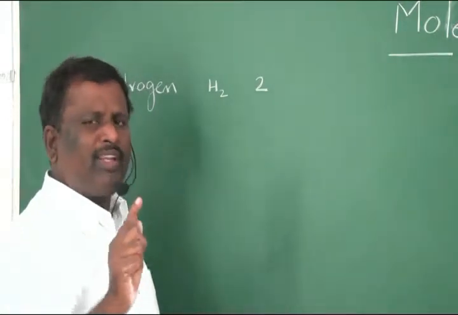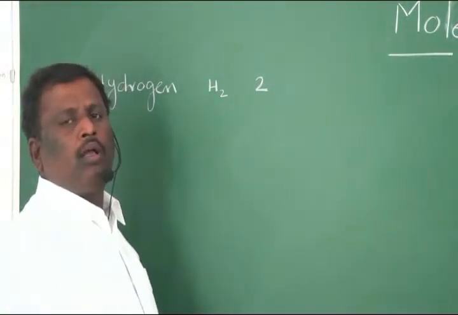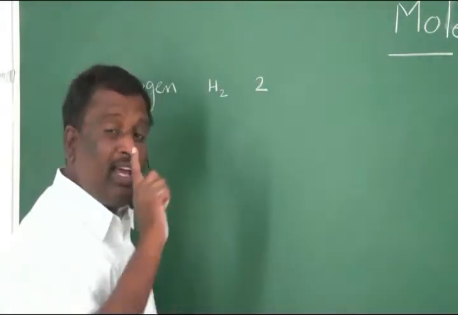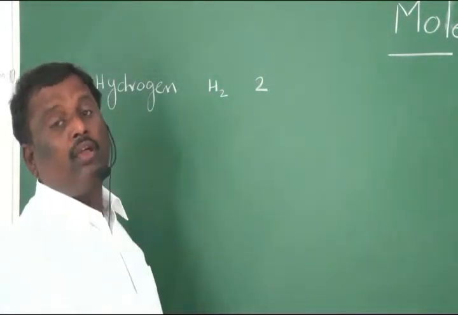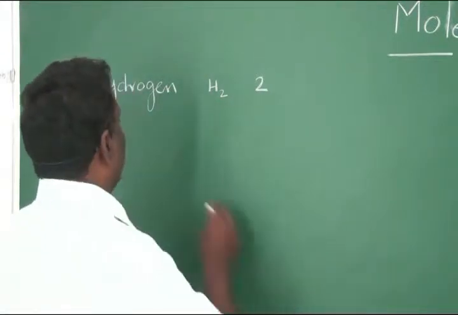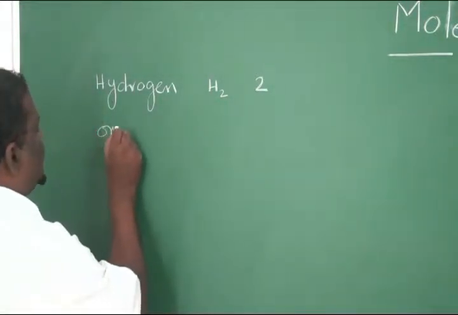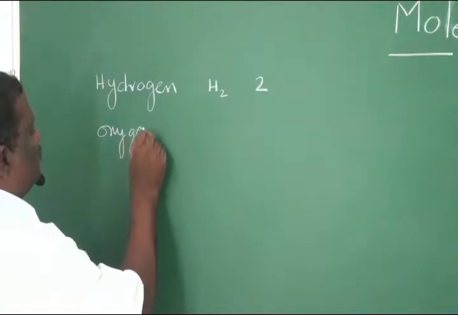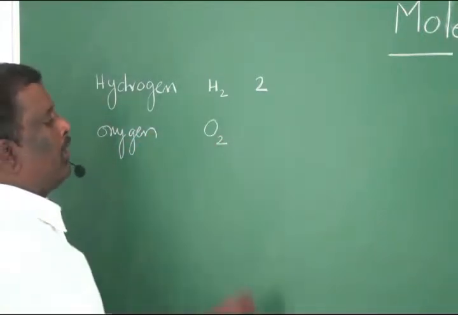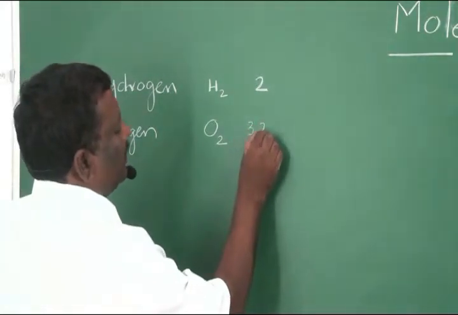So this molecular weight is a simple number which denotes how many times heavier that particular molecule is than 1 AMU. Similarly, if you take oxygen, O2, its molecular weight is said to be 32.